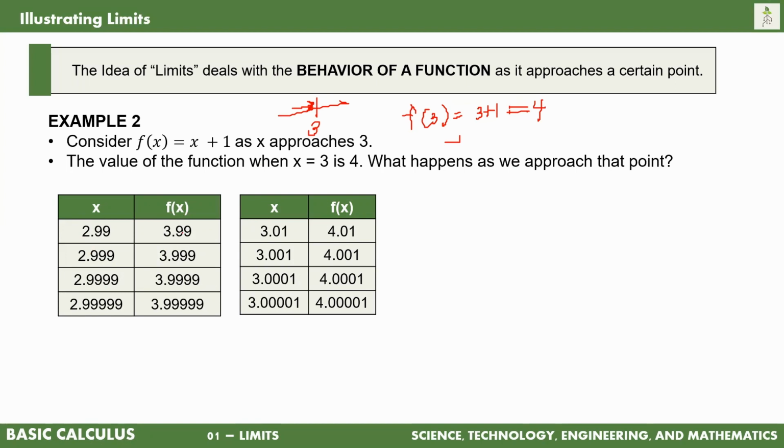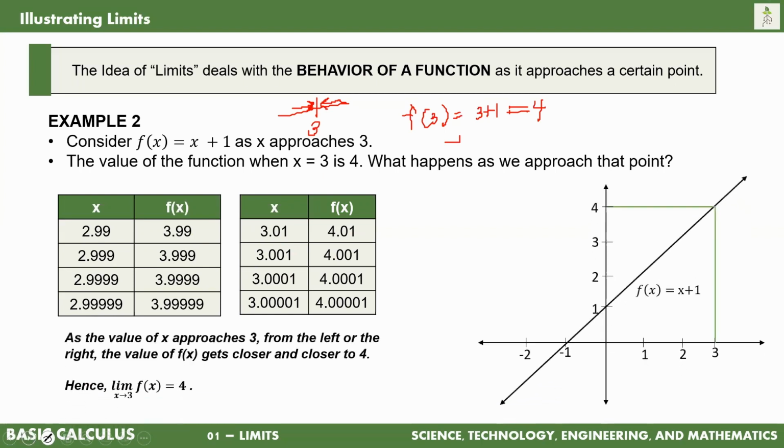Yung values ng f of x, kung titingnan nyo yung trend, that's 3.99, 3.999, and so on. Kapag naman from the right side, pinapalapit nyo siya sa 3, so 3.01, 3.001, and so on, mapapansin nyo din na yung value ng f of x ay nag-a-approach sa 4.